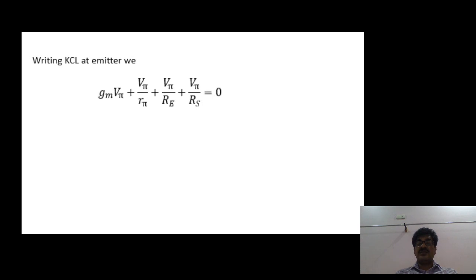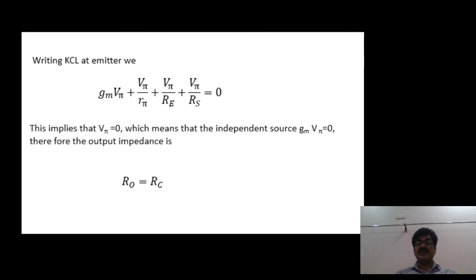Now the output impedance is Vx by Ix. Again write the KCL equation at the emitter. From the above circuit, the KCL equation at the emitter is Gm V pi plus V pi by R pi plus V pi by Re plus V pi by Rs, which we wrote previously also, equal to 0. This equation gives V pi equal to 0.